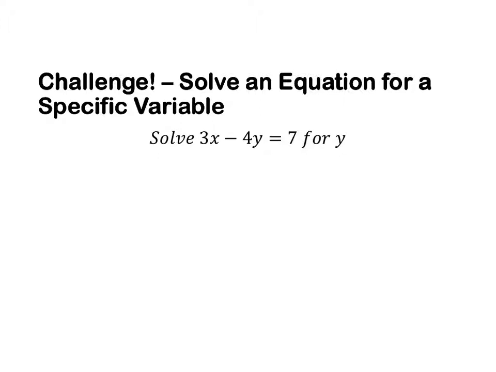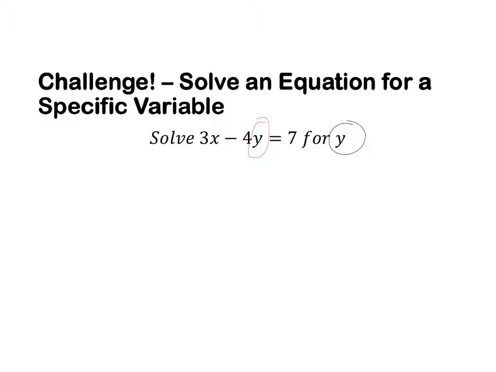Alright, here's our last problem, and this is a challenge problem, and I want you to do this on your own. You're going to use the same concepts you used to solve an equation when we just had one variable. This time we have more than one, but we want to solve this equation for y. So I want to get this y by itself.